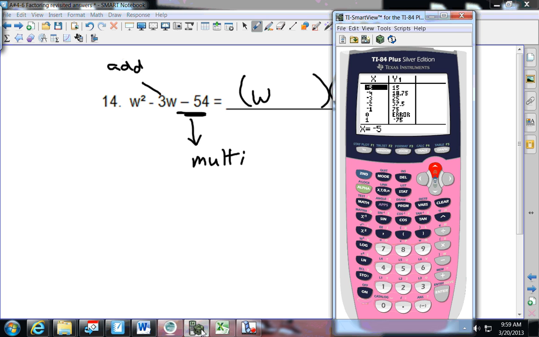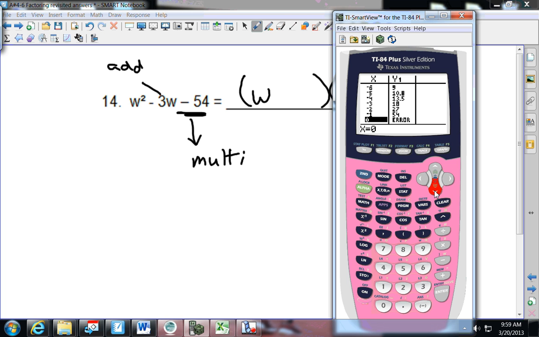So if I go to the calculator and go to y equals and put in there negative 54 divided by x, second graph, I want to find the factors that give me negative 3. Let's see. Okay, yeah, so I'm looking at negative 6 and 9. If I add those together, it gives me positive 3.